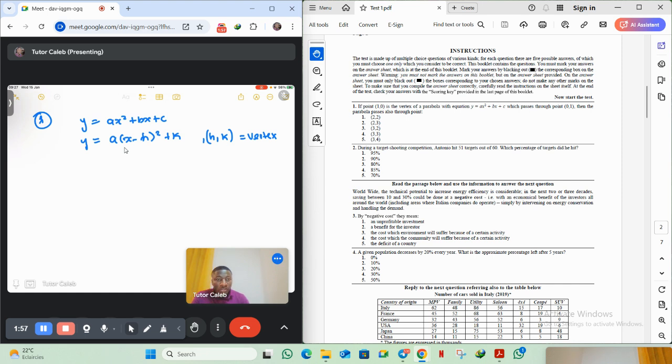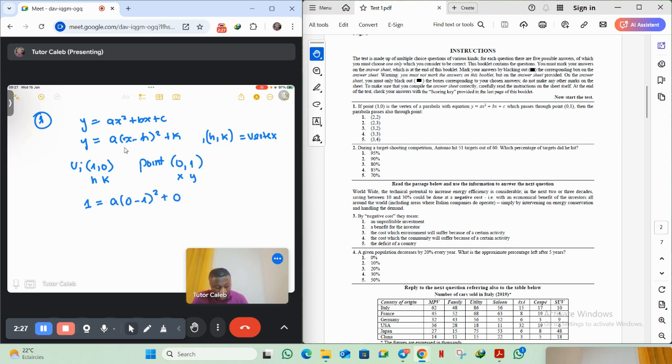So if we use the point that is given to us, the vertex 1 and 0, and the point 0 and 1, this will give us h, this will give us k, this will give us x, this will give us y. So we'll get 1 equals a into (0 minus 1) all squared plus 0.